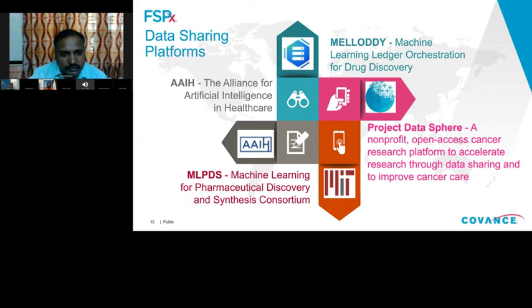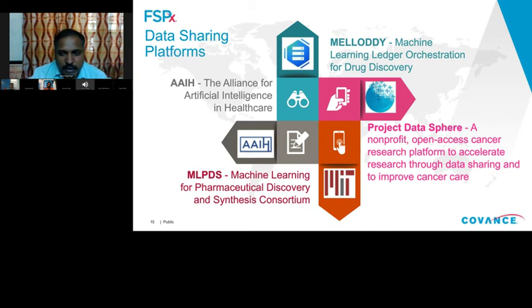And we have some of the partners like GE Healthcare, Helix, Janssen, Novo Nordisk, Numerate. A lot of players are also taking part in this. So basically what we are looking at is the use of artificial intelligence in the pharma industry to save more lives than ever before.